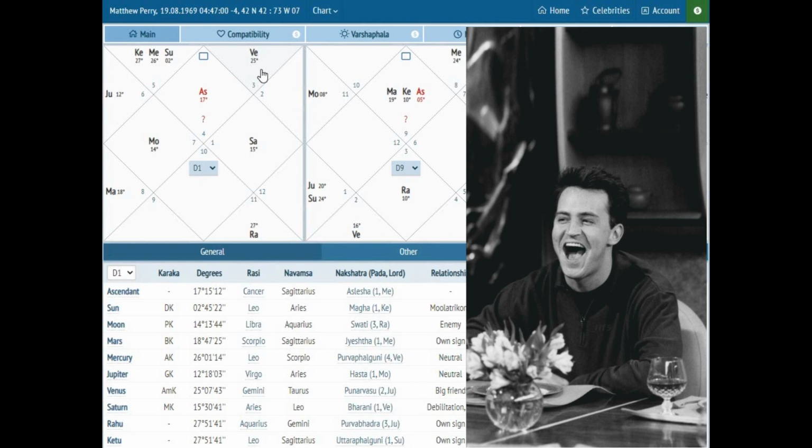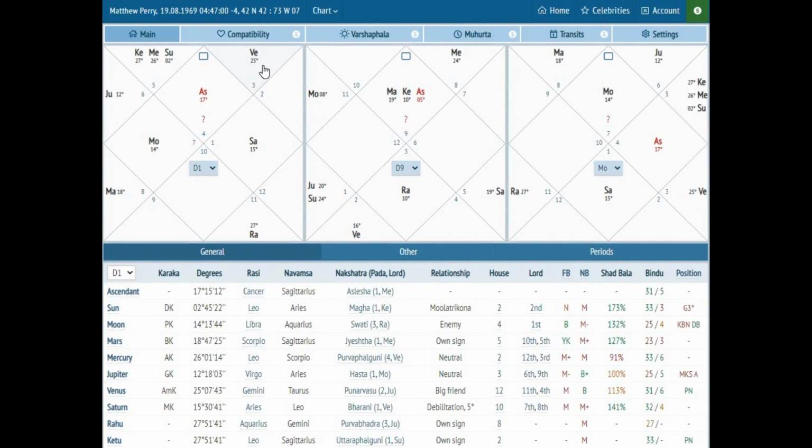And 3 weeks after he prayed to God about this, he got cast in the Friends project. For example, if you have this placement of Venus in your chart, you also have this ability for your wishes to come true.